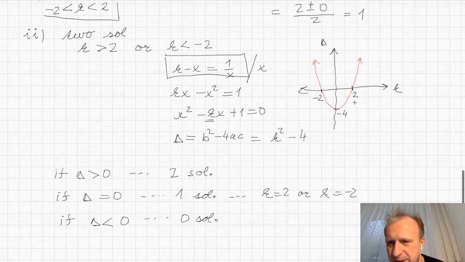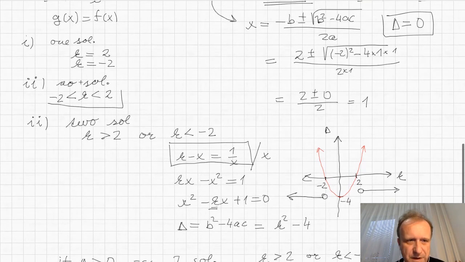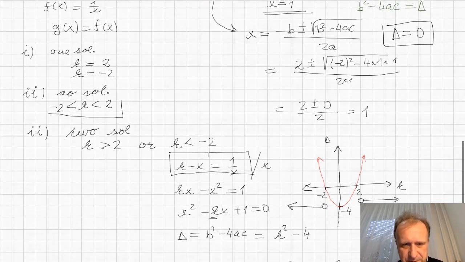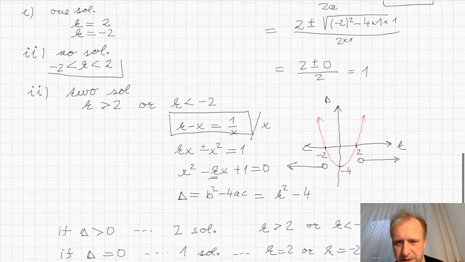You see it happens for these values of k, which are greater than 2, and for the values of k which are less than negative 2. So there are two solutions when k is either greater than 2 or k is less than negative 2. This is in line with this conclusion here, when k is greater than 2 or k is less than negative 2.